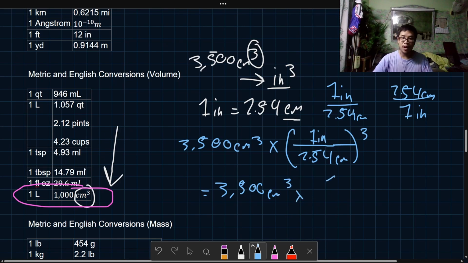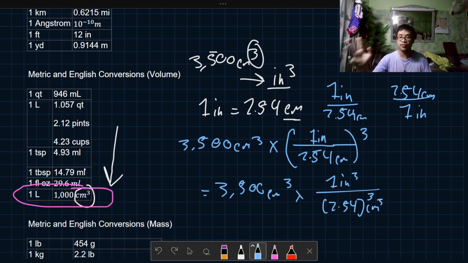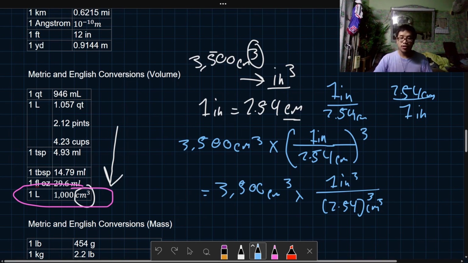We will have 1 inch cubed all over the cube of 2.54 centimeters. I just put parentheses for 2.54 with an exponent of 3. If you cube the top and the bottom, the units are also cubed.